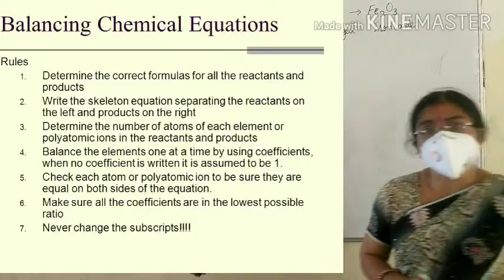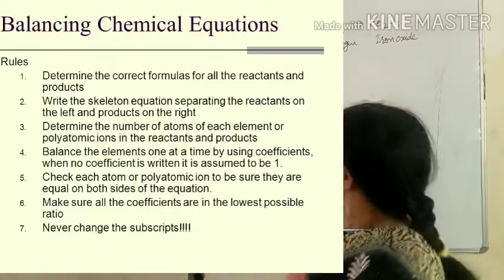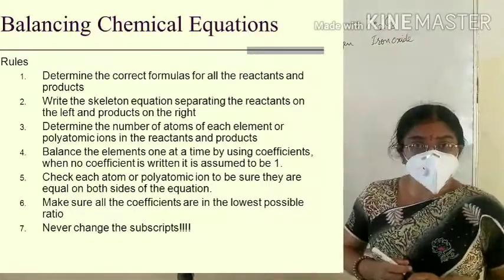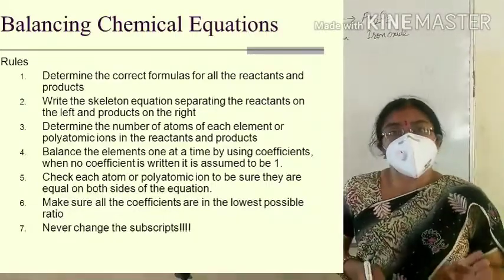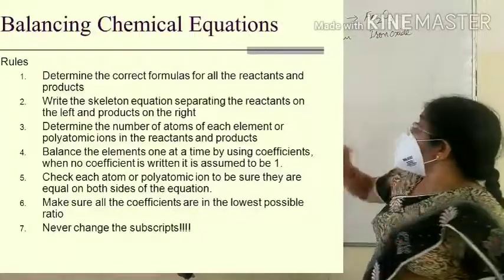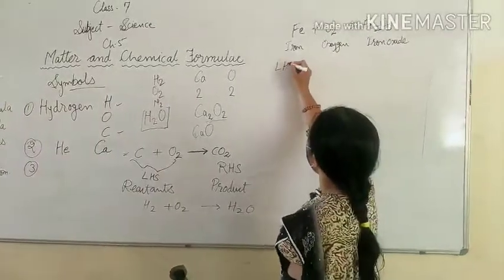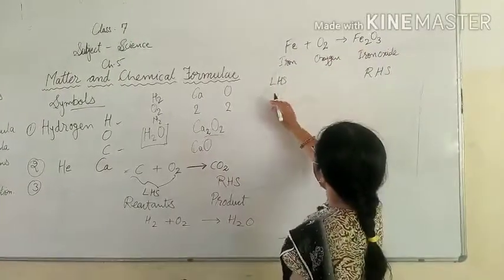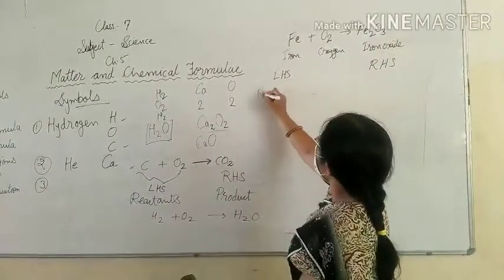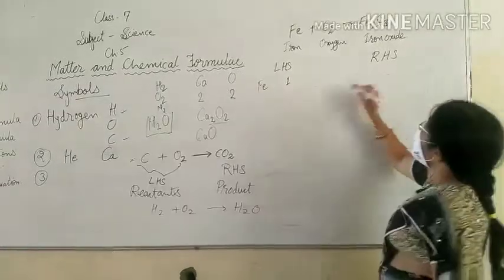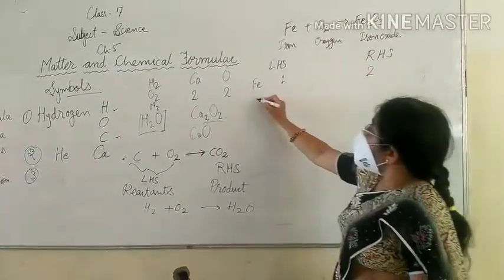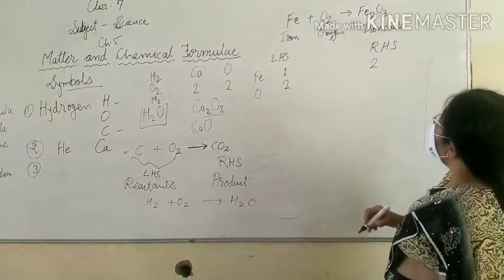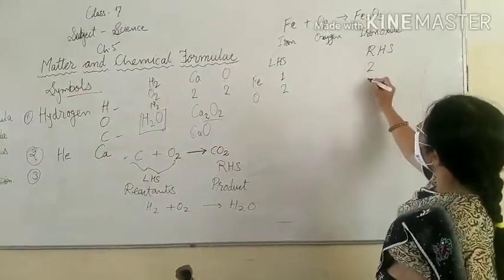In this equation, we will balance the number of atoms on both sides. To do this, first we will count the number of atoms on the left hand side and on the right hand side. On the left hand side, the number of iron atoms is 1 and here 2. Of oxygen, on the left hand side the number of oxygen atoms is 2, but here 3.